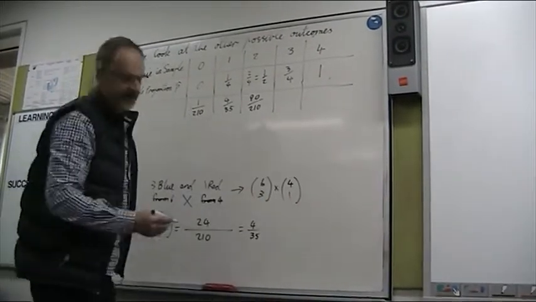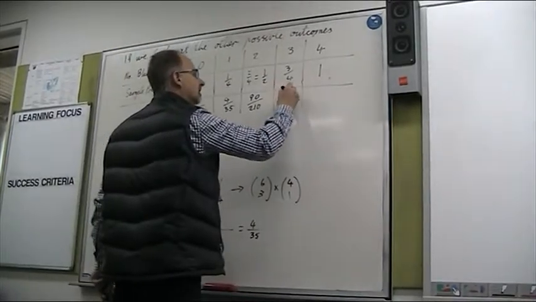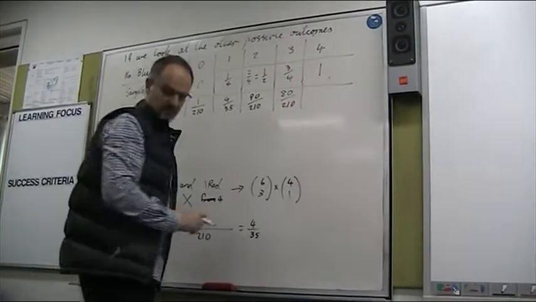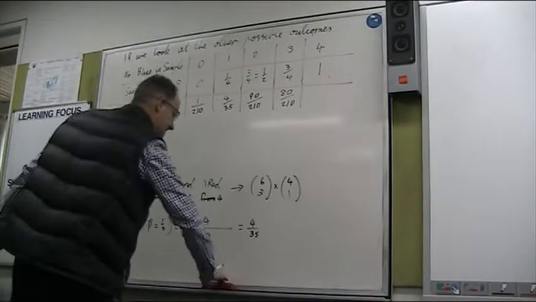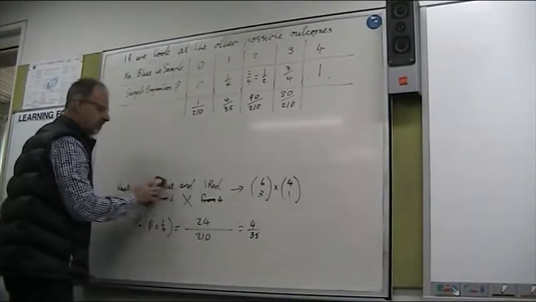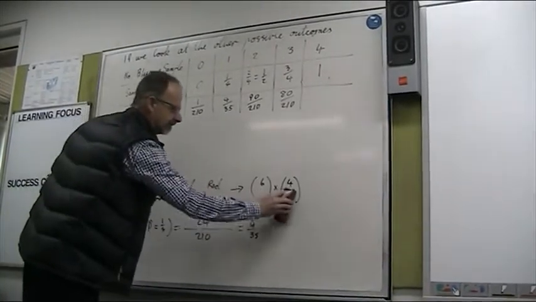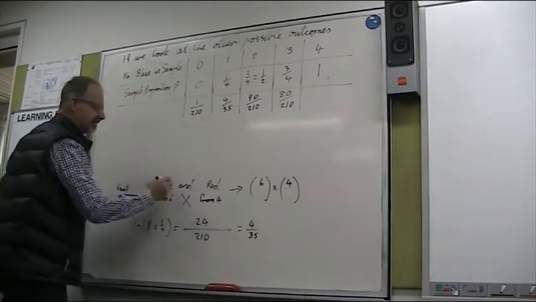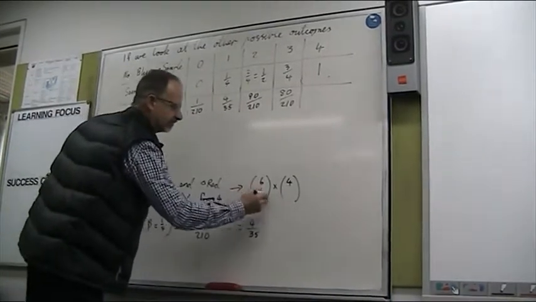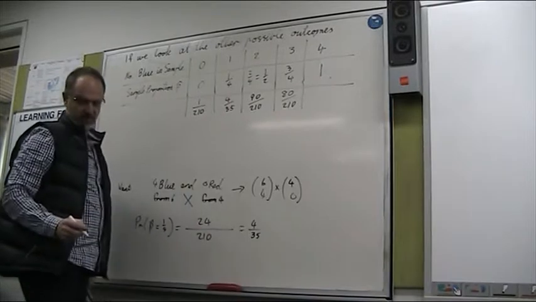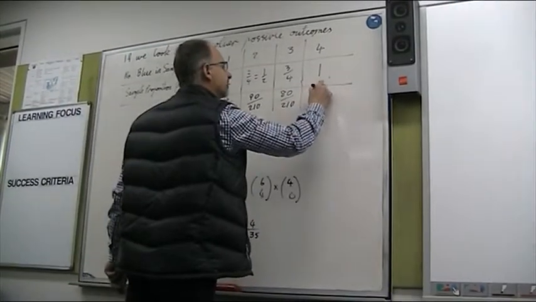And when we work that out, you get 80/210. And the last one is when you've got 4 blue balls, changes to this. And when you work that out, you get 18/210.